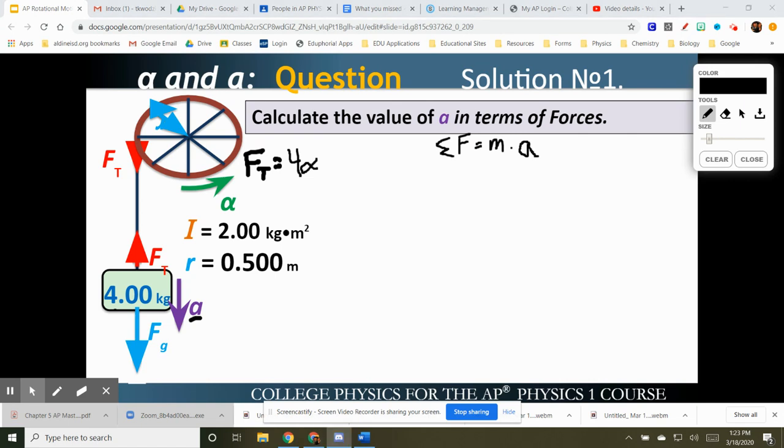So what are the sum of the forces acting on the block? Or simply somebody can tell me what forces are acting on the block and then we can figure it out later. Yes, thank you, Jayla. Tension and gravity. So now we have to figure out how we're going to take care of the direction.